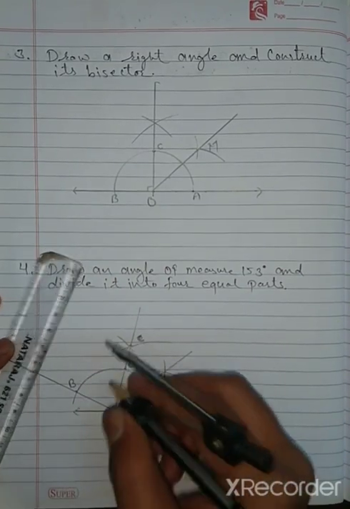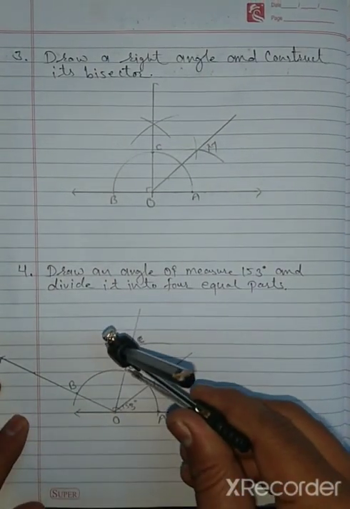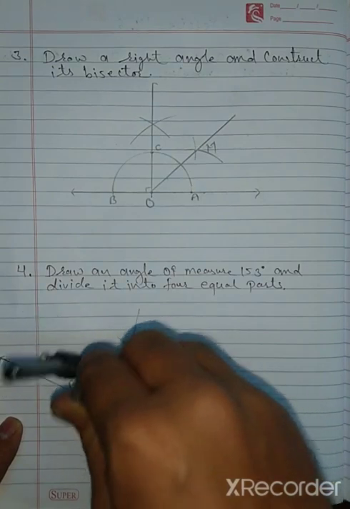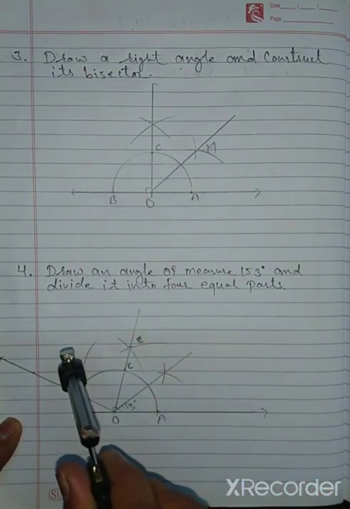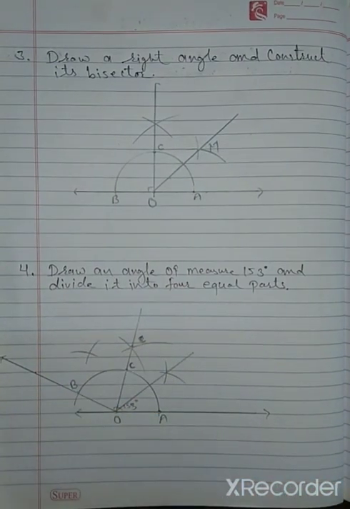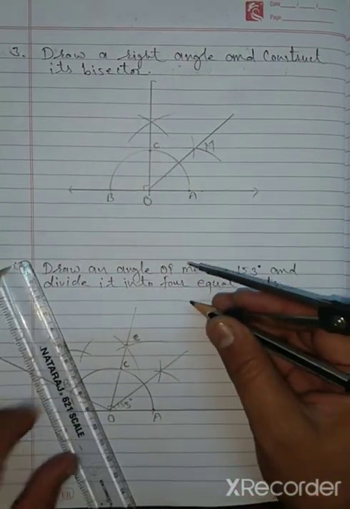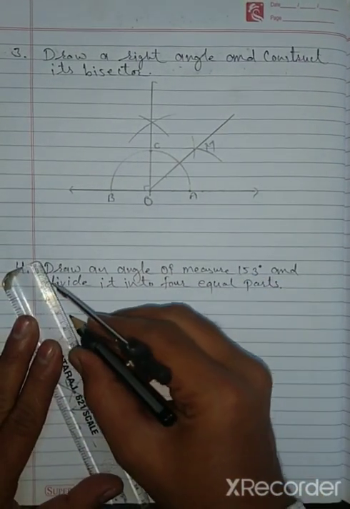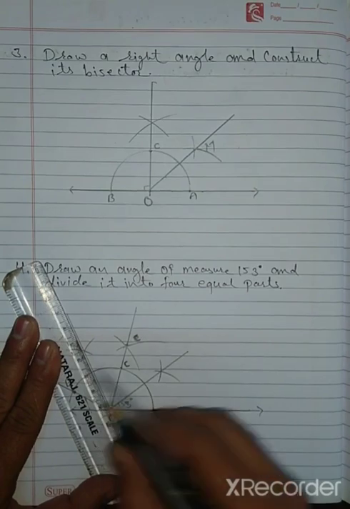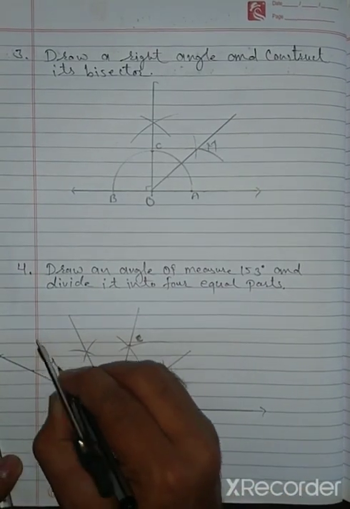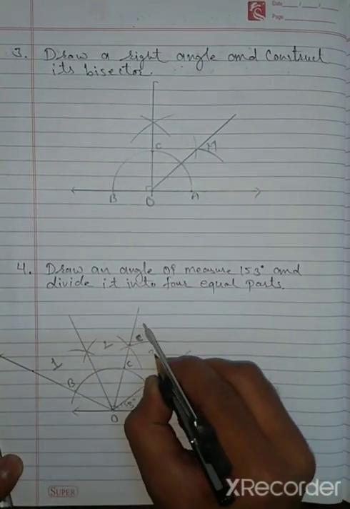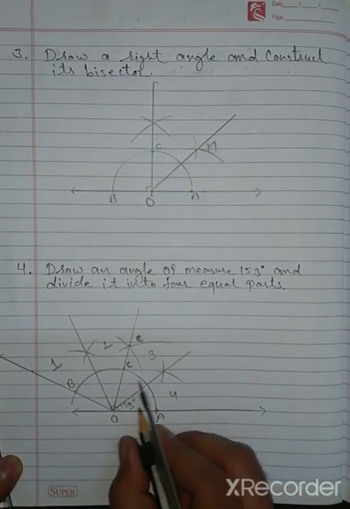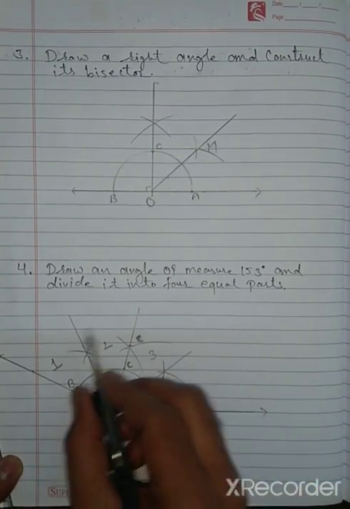Again we will follow the same process here. Cut an arc here again, and here, and join this point with O again. Now you can see 1, 2, 3, 4. We divided the 153 degree angle into 4 equal parts.